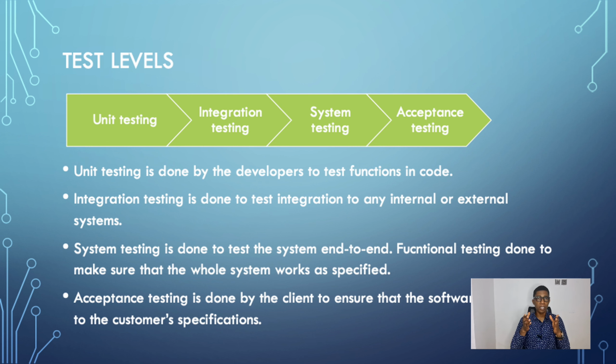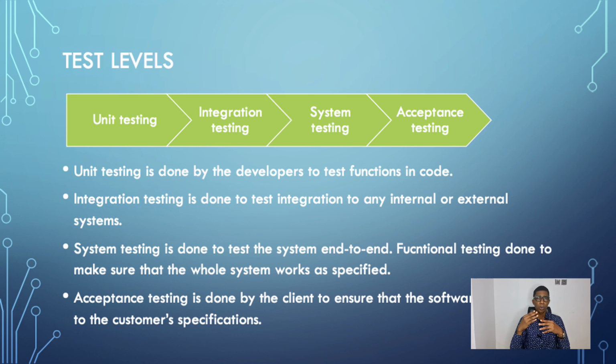Most times that user is the client for which the system was built. The user uses the system and performs their own test to be sure that the developers have built this system to their specifications, to their taste, and that the system is doing what they want it to do.